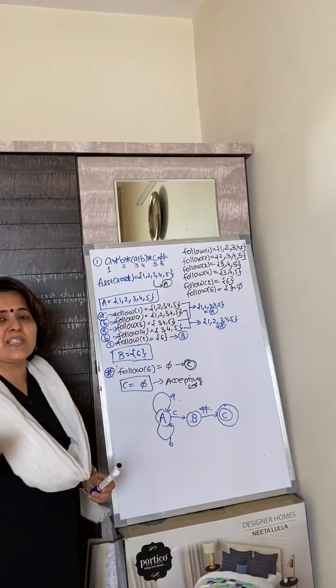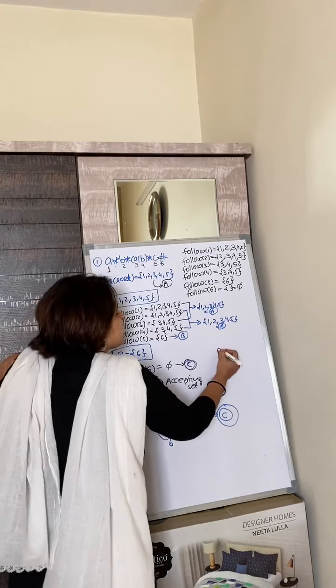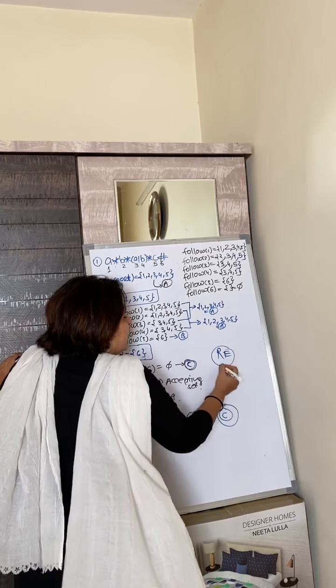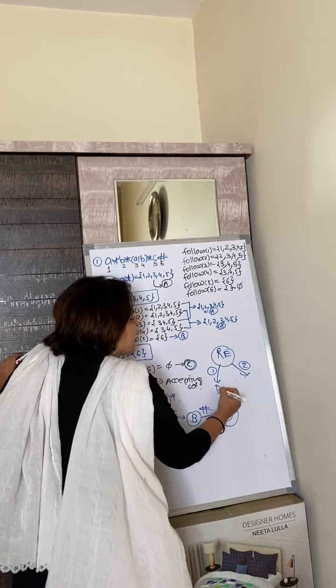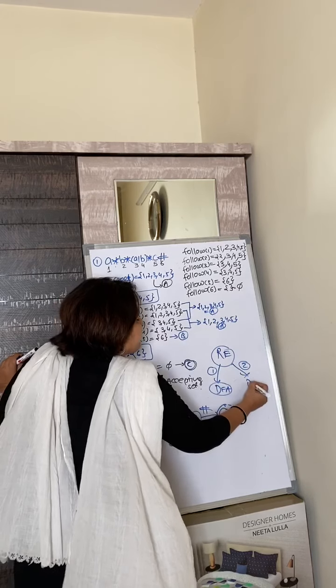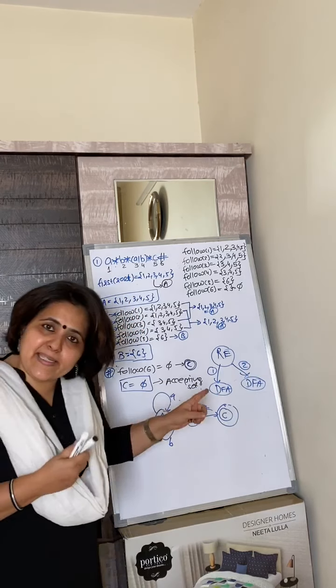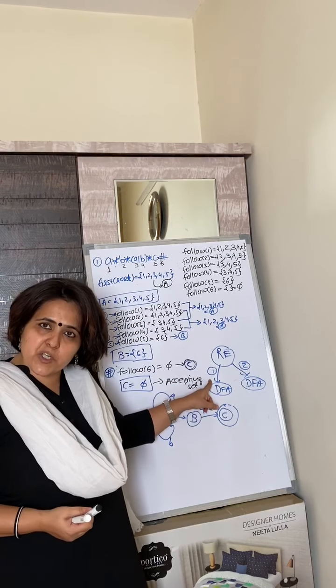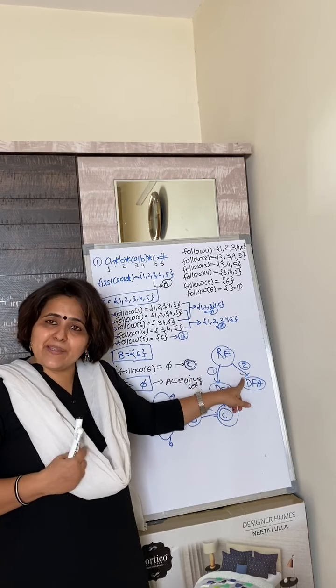Now let me make one statement which is very important to understand. Suppose this is your RE and you are using the first method and the second method for drawing the DFA. For the same RE, following the subset construction method, this is the DFA, and by the RE to DFA method, this is the DFA.